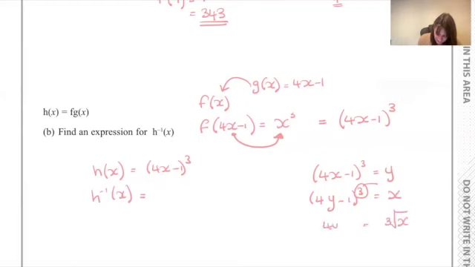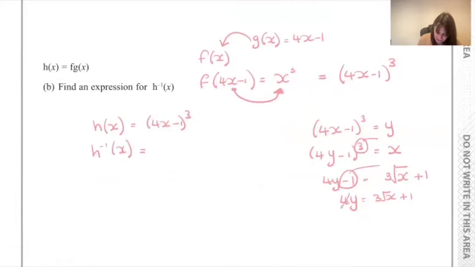On this side, I've got 4y minus 1 left. That will land as plus 1. I now have 4y equals cubed root of x plus 1. And to finish off, I will just divide through by 4. So the inverse of our function h is the cubed root of x plus 1, all divided by 4.